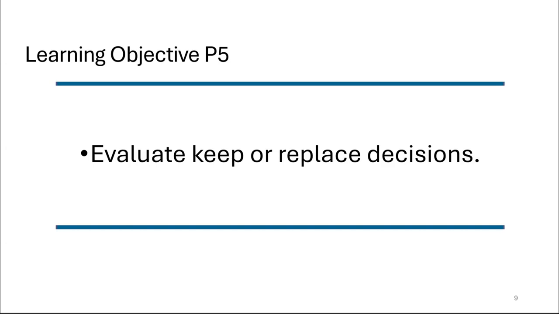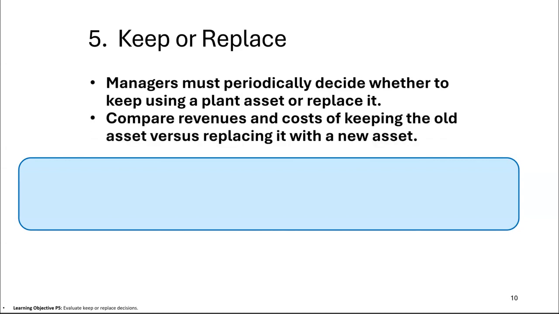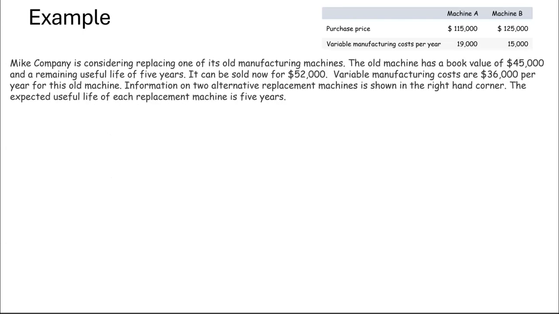Now, evaluate to keep or replace. Here usually you're talking about equipment. So you want to compare revenues and costs of keeping the old versus replacing it. Replace an asset if overall income increases. Keep the asset if overall income decreases with replacement. So let's take a look at our example.